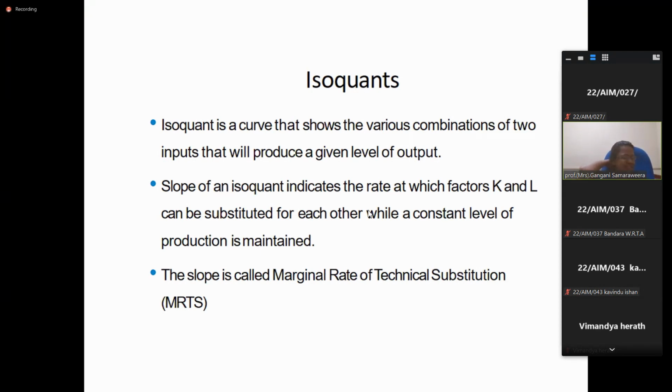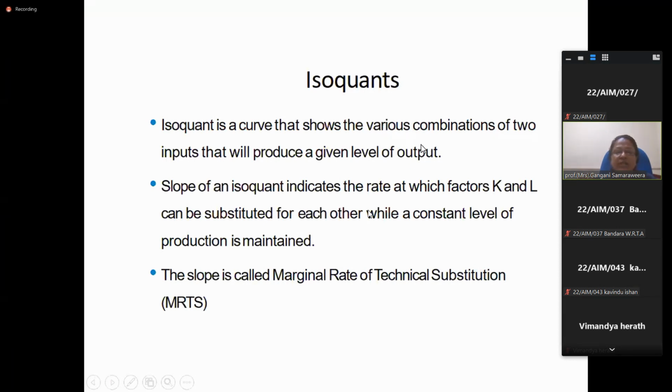Same quantity. So, you know, sometimes if we use 2 inputs, let's say labor and capital, we can take the same level of output. Okay. So, in this case, we normally use the word isoquant, same quantity.